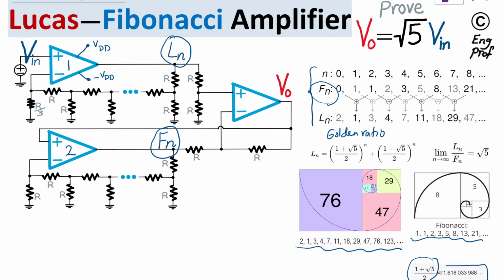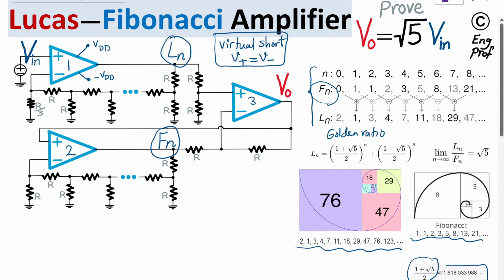Therefore, virtual short is valid for all the op-amps: the voltage at the positive input terminal is the same as the voltage at the negative input terminal for each of the three op-amps shown here.